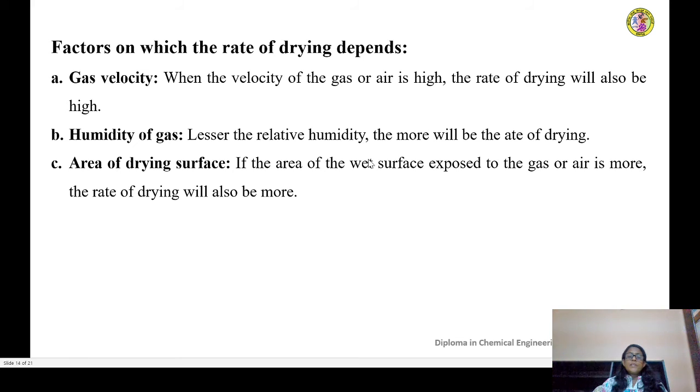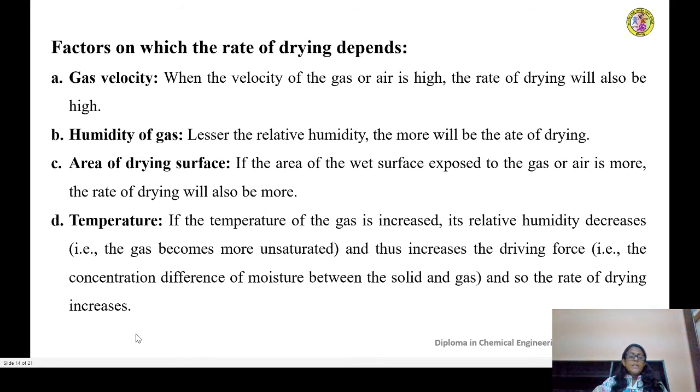If the area of the wet surface exposed to the gas or air is more, then the rate of drying will also be more. Temperature. If the temperature of the gas is increased, its relative humidity decreases and thus increases the driving force, a concentration difference of the moisture between the solid and gas, and so the rate of drying increases.